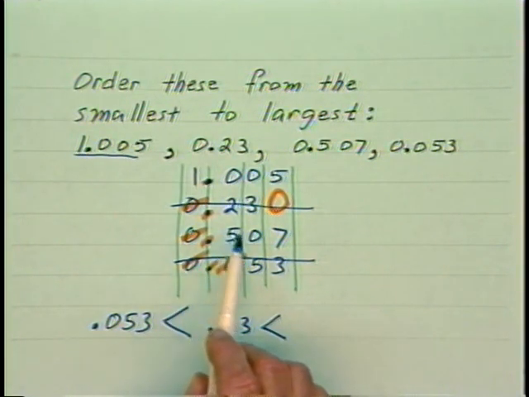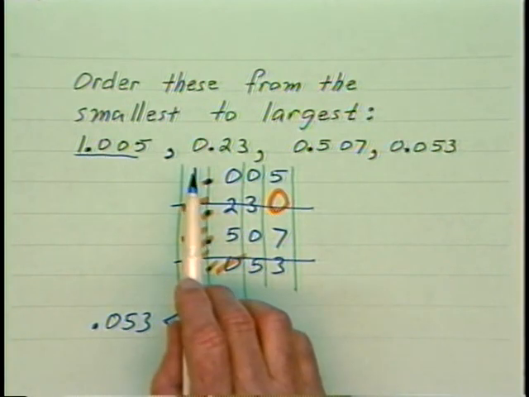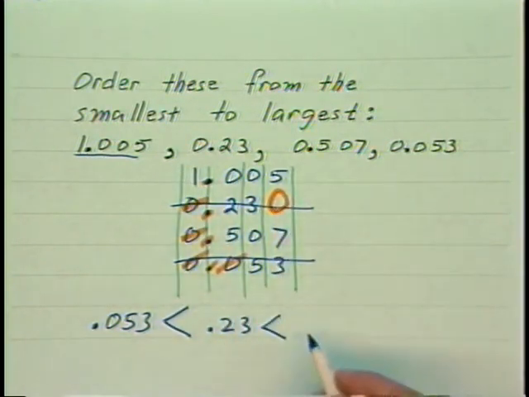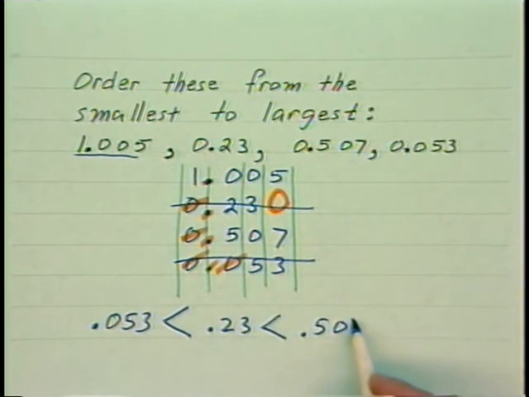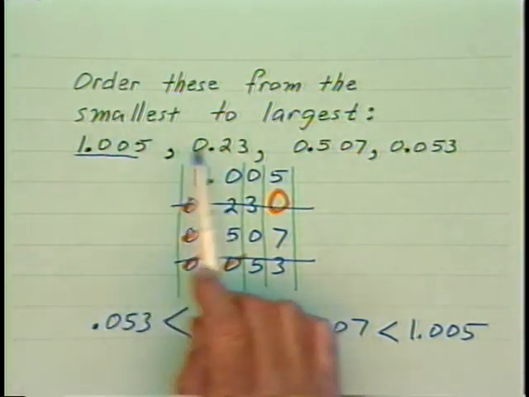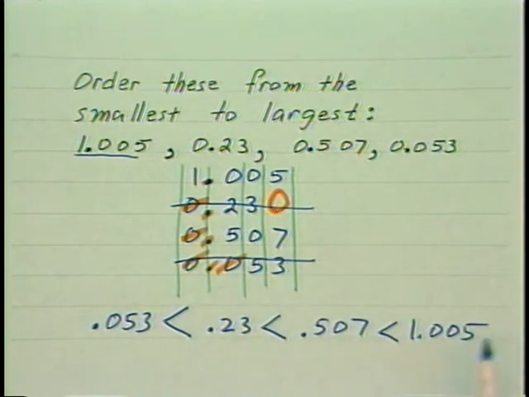And we can see that 507 is certainly smaller than 1005. So this will be less than 0.507. And we have one more left over, which is 1.005. So we have these rearranged from the smaller to the larger correctly.